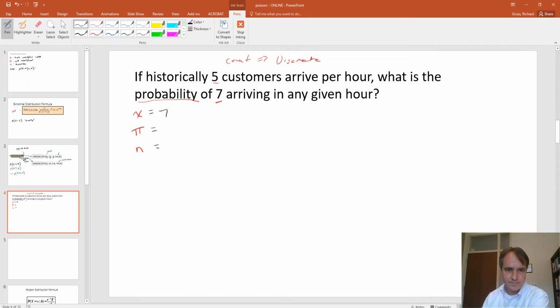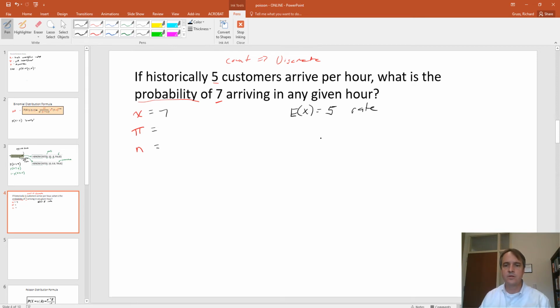What do we have? We know that on average 5 arrive per hour. So in our old terminology, our expected value is equal to 5. This is the usual rate: 5 customers per hour.